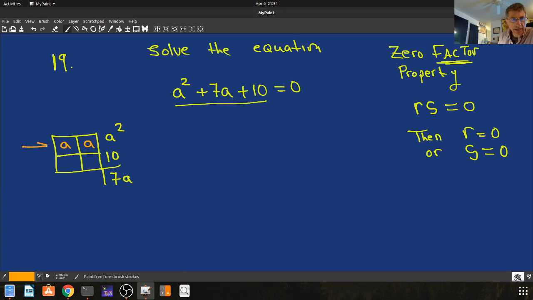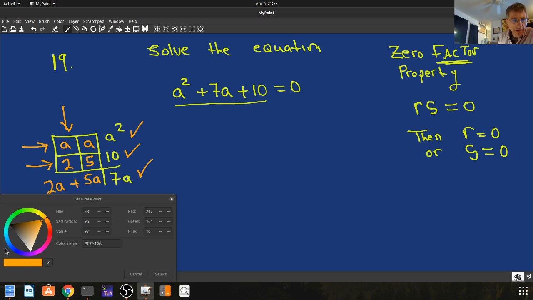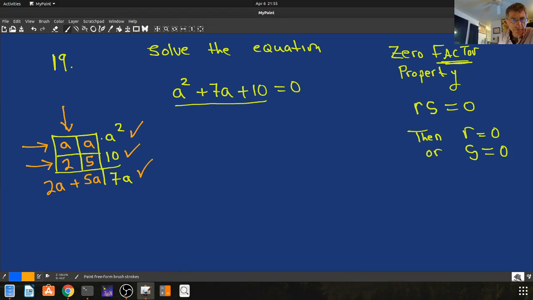A times a is a squared. 10, let's try 2 times 5. Well, 2 times 5 gets me 10. Now let's go down this way. A times 2 is 2a. A times 5 is 5a. And 2a plus 5a is equal to 7a. So I have my factorization.